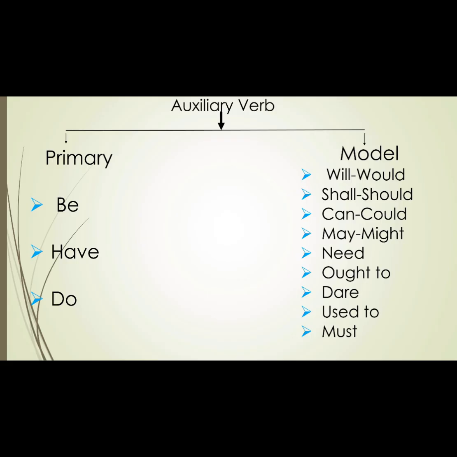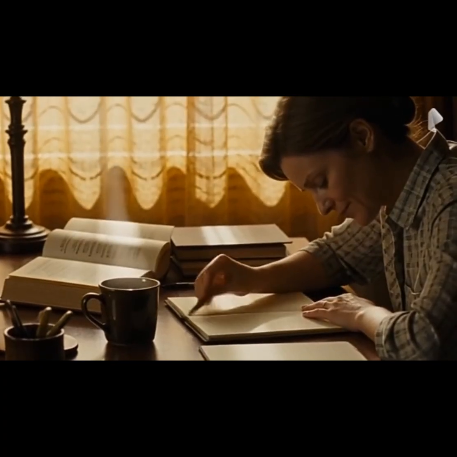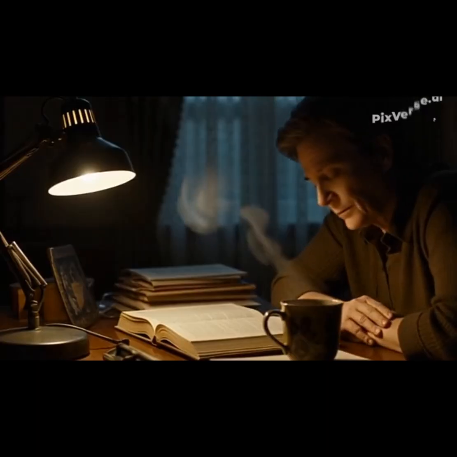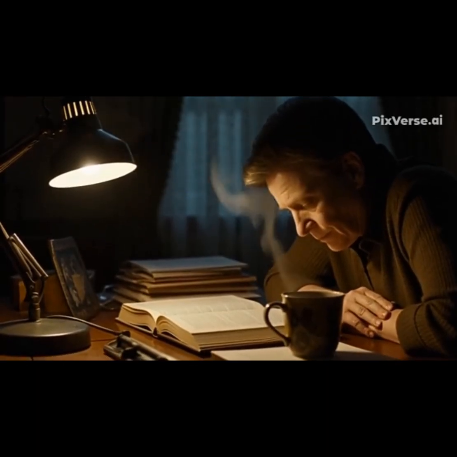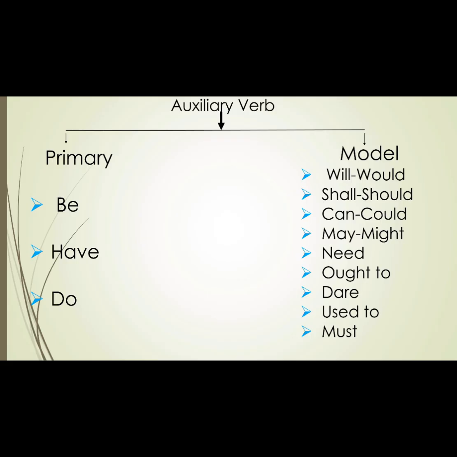It works not only as a helping verb but also as a main verb. We use it in imperative sentences. Now, I think you will get a doubt. What is an imperative sentence? An imperative sentence gives an order, advice, or a request. In the primary verbs, we have be forms, have forms, and do forms.